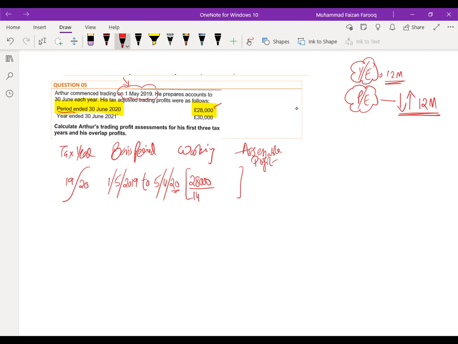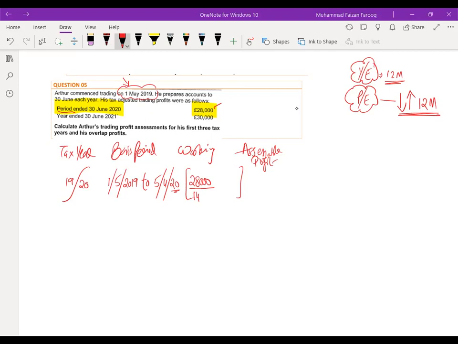And then from July till June. May, June, 2. May, June, July, August, September, October, November, December, January, February. These are 10.